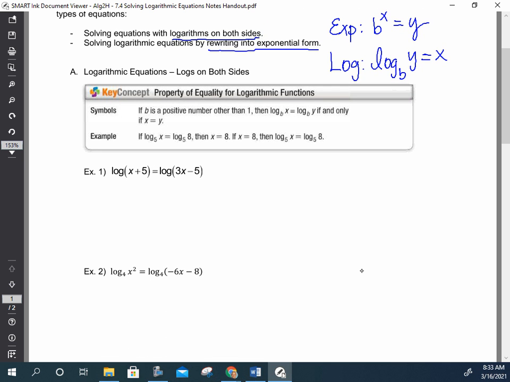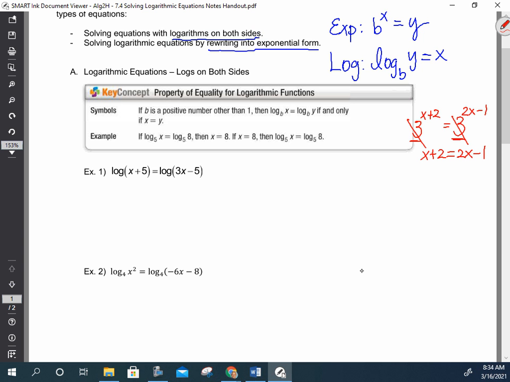The first basic type is if you have logs on both sides. If you have logarithms on both sides, there's a specific property that allows us to do our work. Think back to an exponential equation. If you had 3 to the x plus 2 equals 3 to the 2x minus 1, since the bases were the same, you were able to drop them out and work with what was left over.